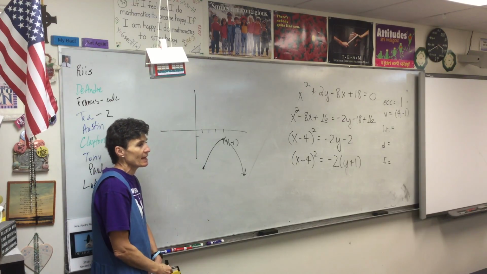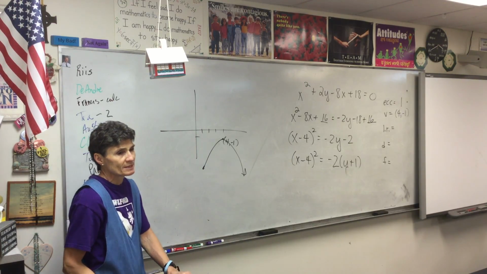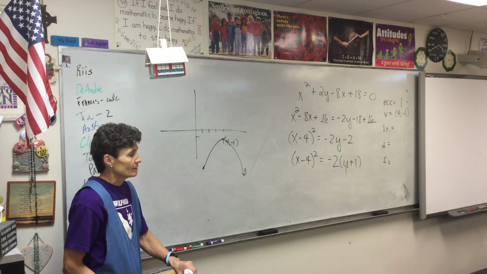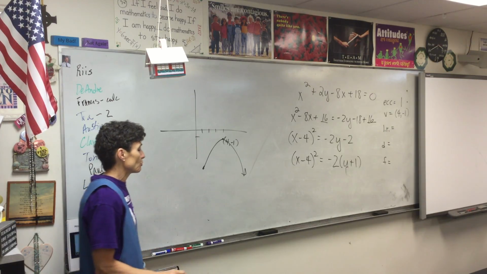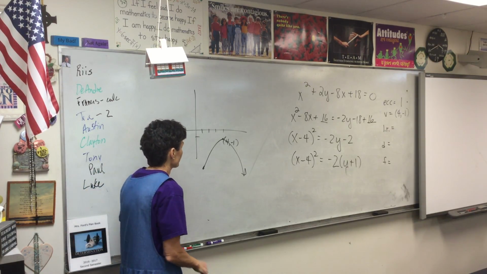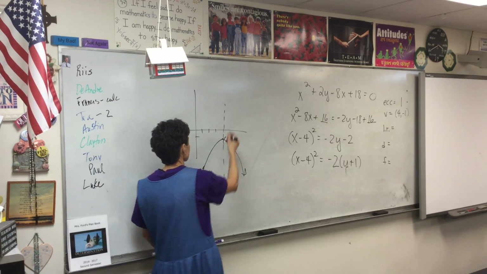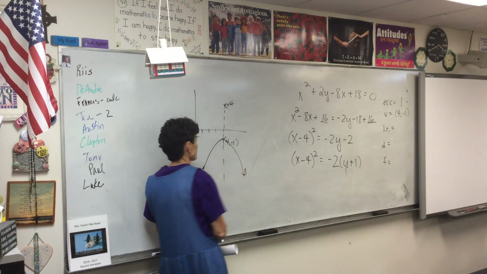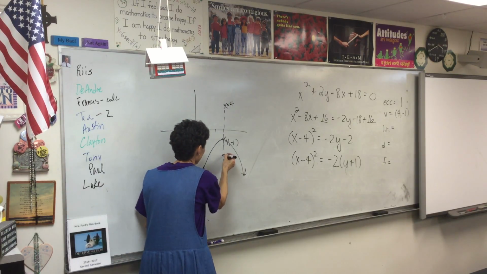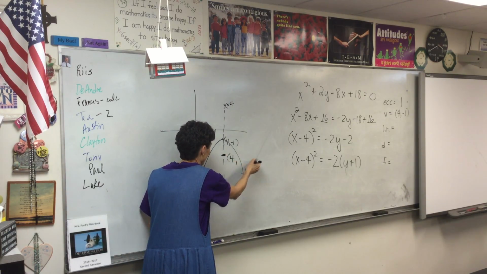This thing opens down. It's an x squared. It opens down. X squared is your BFF. That's your up and down. So your axis of symmetry, it doesn't ask me for this, but the axis of symmetry is x equals 4, which means my focus is going to be 4, comma.